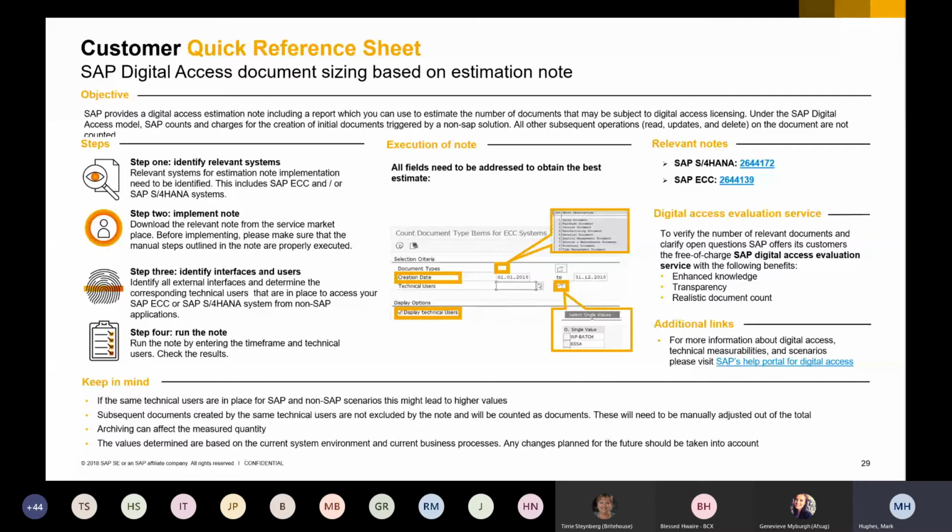If any archiving has taken place, that can definitely skew results. And obviously, this only looks at historical system activity. Any current projects, current integrations, future planned integrations, even with non-SAP, should definitely be factored in and taken into account to get this estimate as correct as possible.